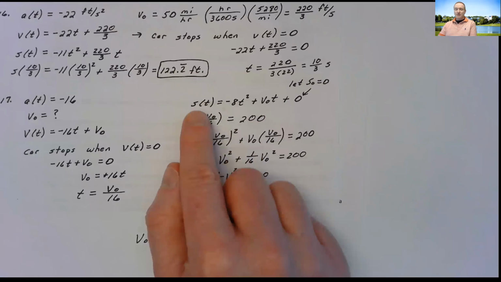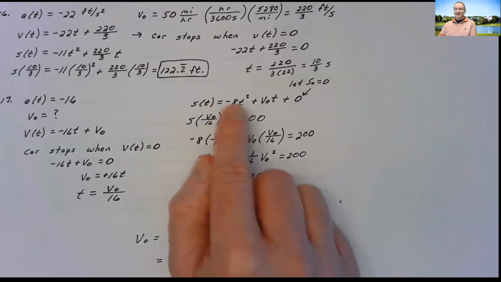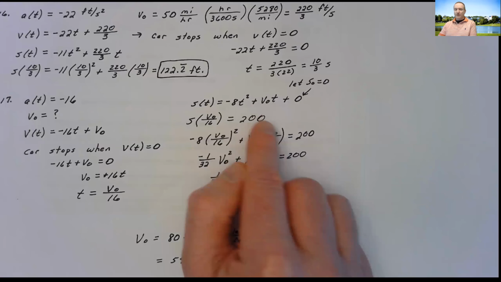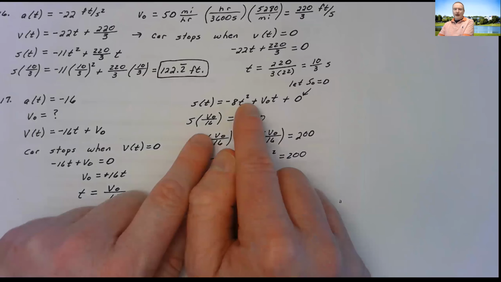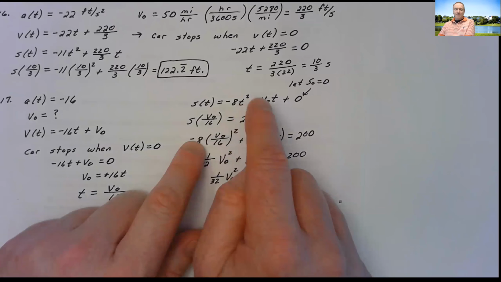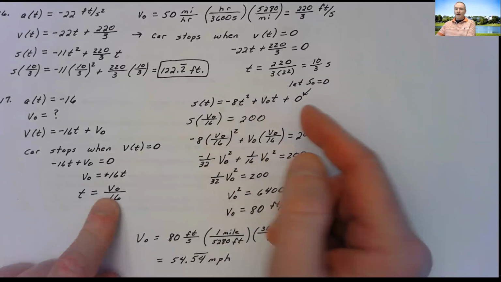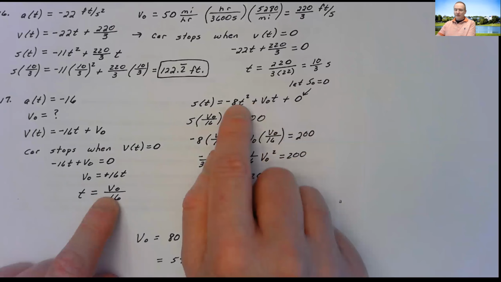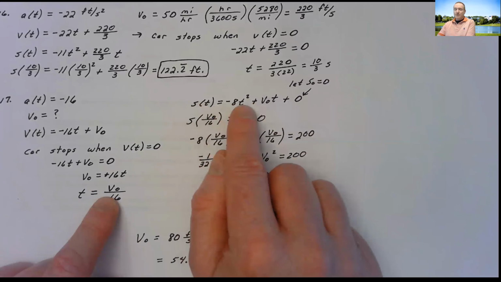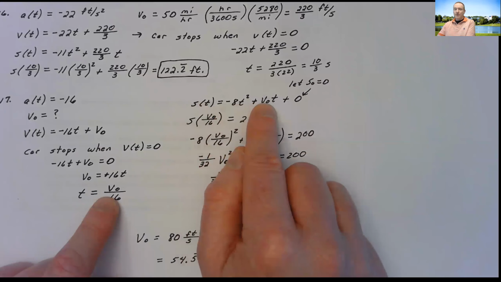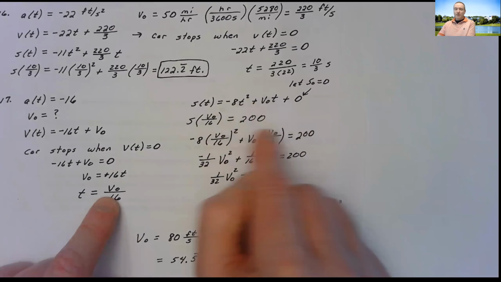My displacement is 200 feet, so I set my position function equal to that. Notice this position function is in terms of two variables, t and v sub 0, and I'm trying to solve for the original velocity.